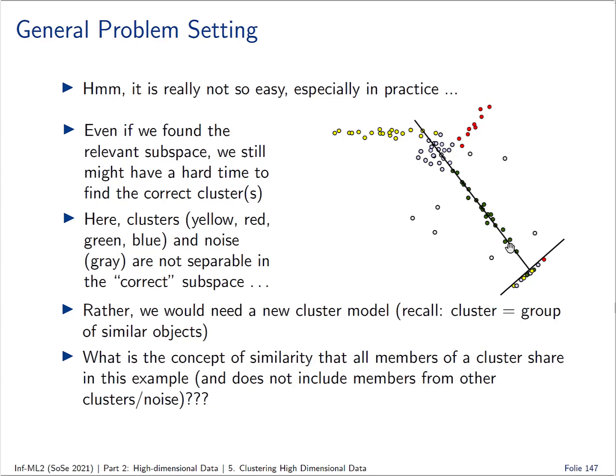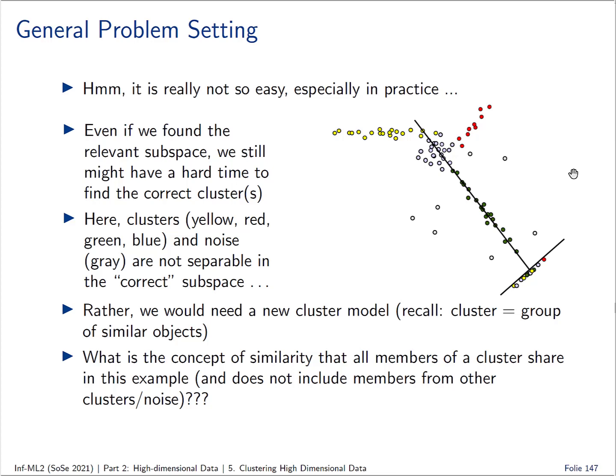So there is a kind of background knowledge already involved in this scenario, where we have an idea what these patterns could look like, and what kind of patterns we should search for.